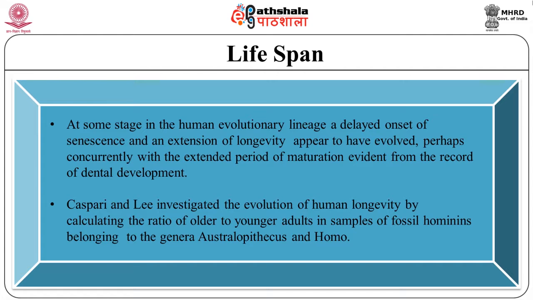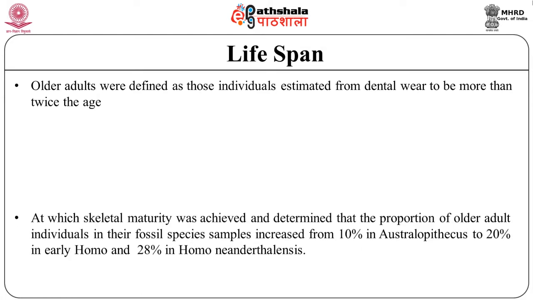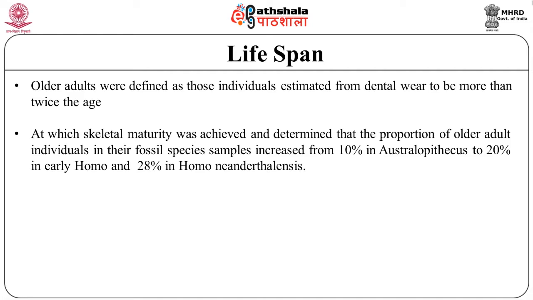Caspari and Lee investigated the evolution of human longevity by calculating the ratio of older to younger adults in samples of fossil hominins belonging to the genera Australopithecus and Homo. Older adults were defined as those individuals estimated from dental wear to be more than twice the age at which skeletal maturity was achieved.